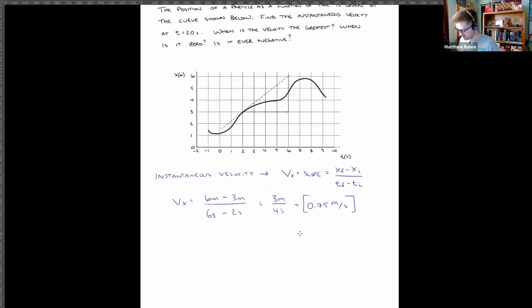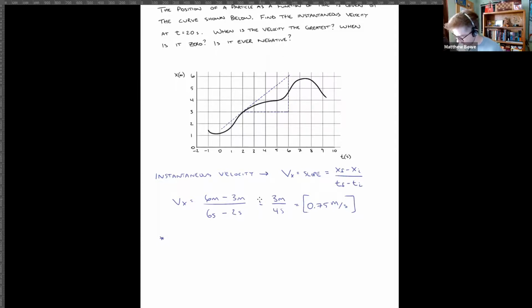What were some other parts to this question? When is the velocity the greatest? So we've seen that the velocity is connected to the slope of the line. So what we are looking for is where the slope is the greatest, or the most steep. Well, I guess there are 2 areas that have a very steep slope. So let's go like this.